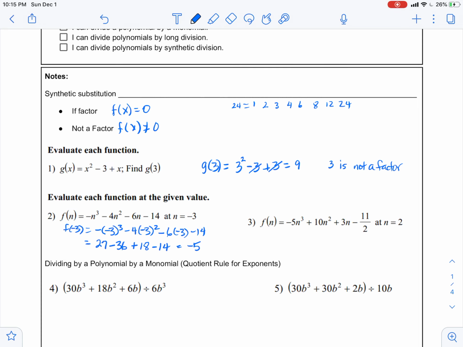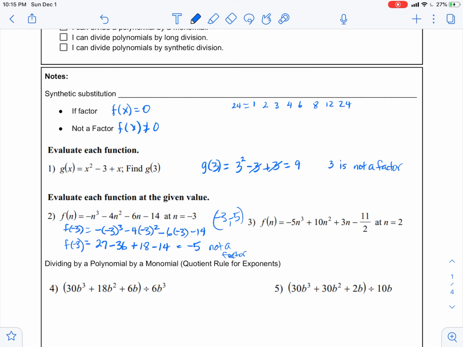Yep, negative 5. And again, what that means is that negative 3 is not a factor. But it would mean that on my graph, negative 3, negative 5 would be a point on my graph. We talked about that earlier when we did functions, that we can write it as a point.